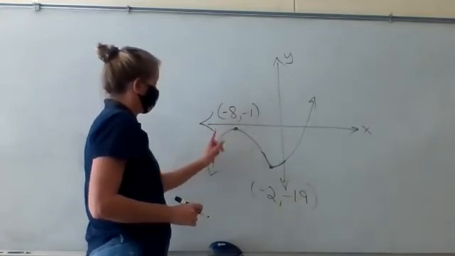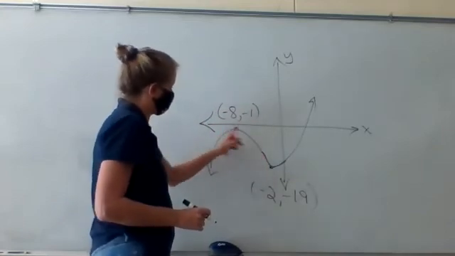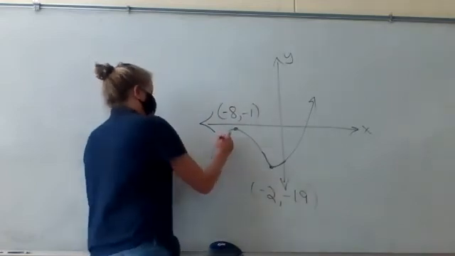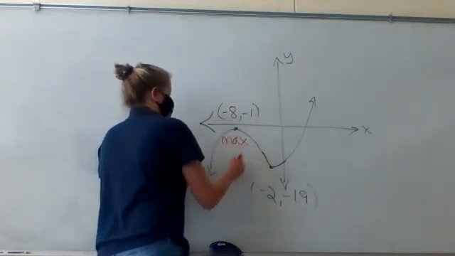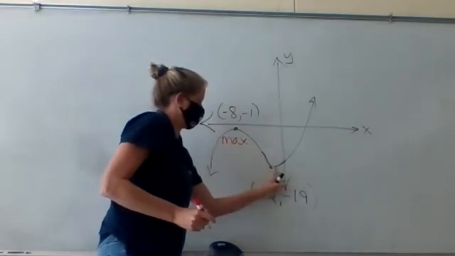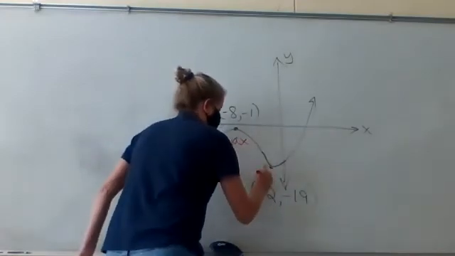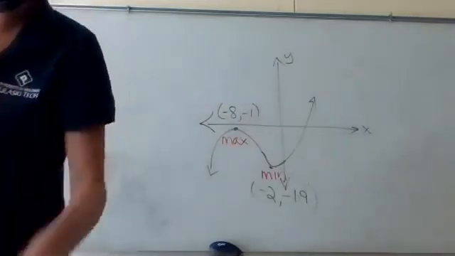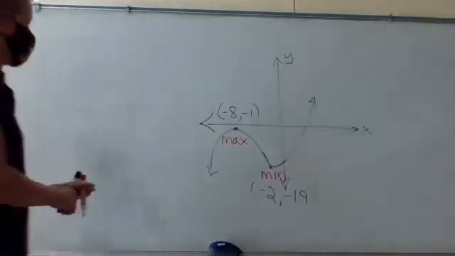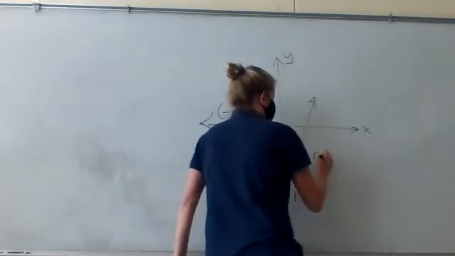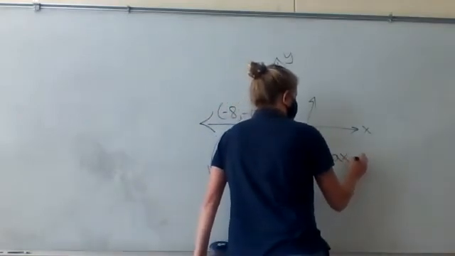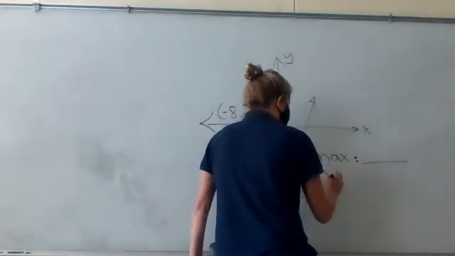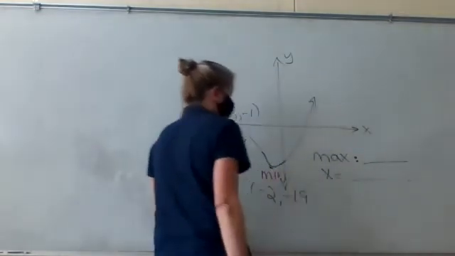It's where it stops going up and starts going down. So that's a maximum. This point, it stops going down and starts going back up. So this is its minimum. So the first thing it wants to know is what the relative maximum is. So the maximum is blank and it occurs at x equals blank.